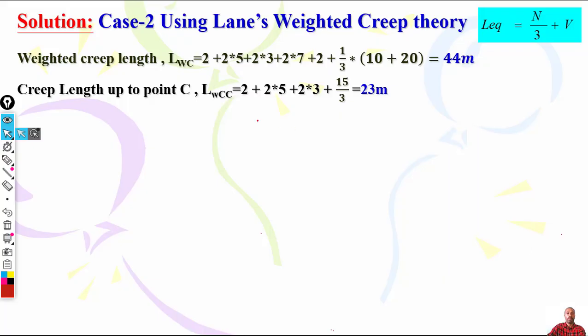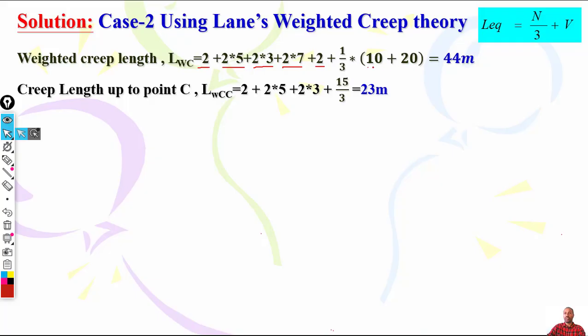So let's see. Weighted creep, you have 2 thickness of floor, then 2 times 5, which is D1, then plus 2 times D2. These are vertical contacts, then 2 times 7, then plus 2, then you have 1/3 of 10 plus 12.